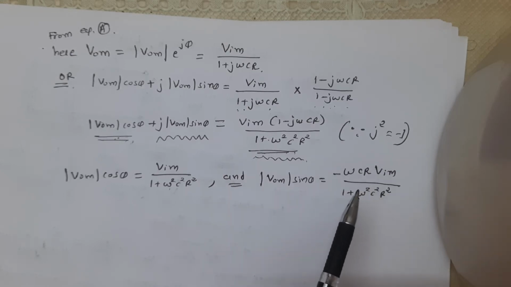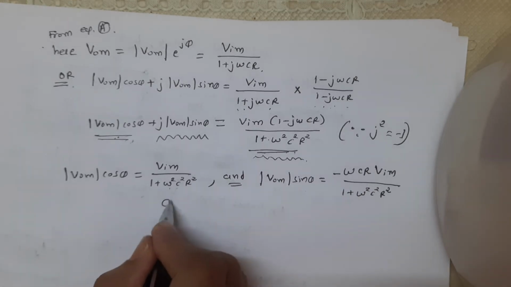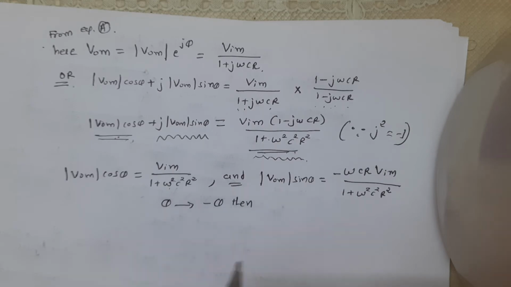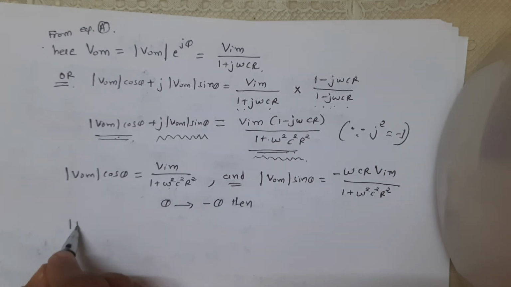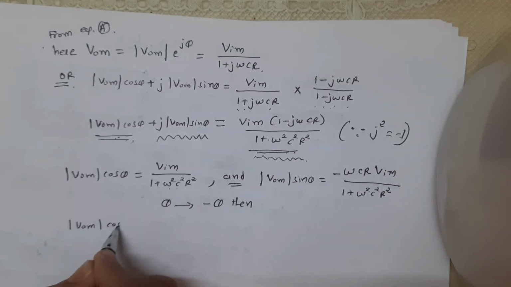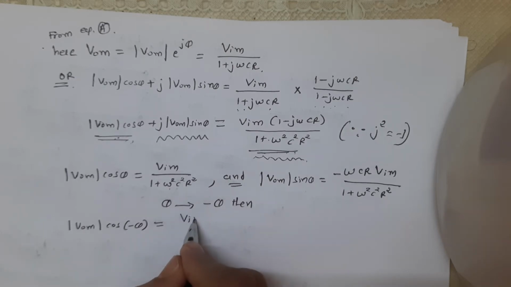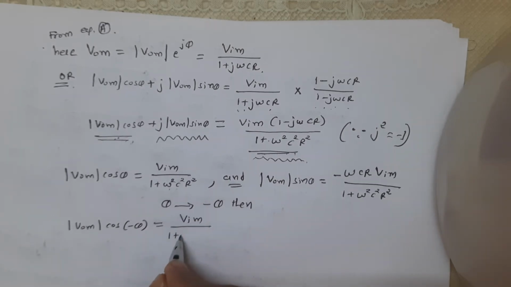Now if instead of theta we take minus theta, then modulus of VOM cos of minus theta is equal to VIM upon 1 plus omega square C square R square, because we know that cos of minus theta has no change in the sign.